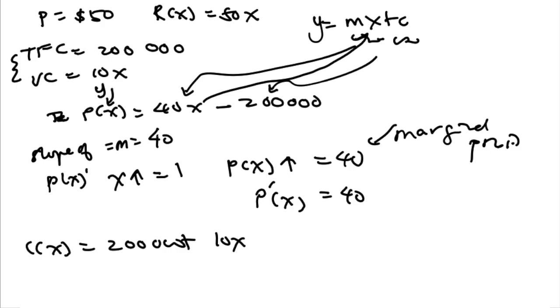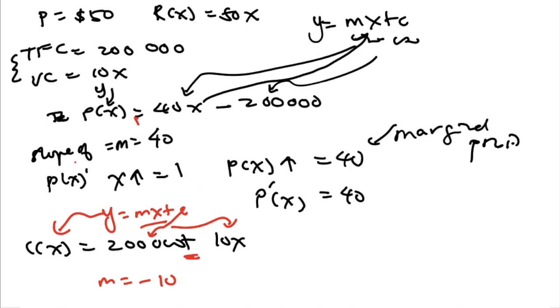If we compare it, using a different color, with y equals mx plus c, y in this case is total cost, mx is 10x, and therefore c is 200,000. As you can see, x is x, therefore m is plus 10. Sorry, not minus, it's plus.